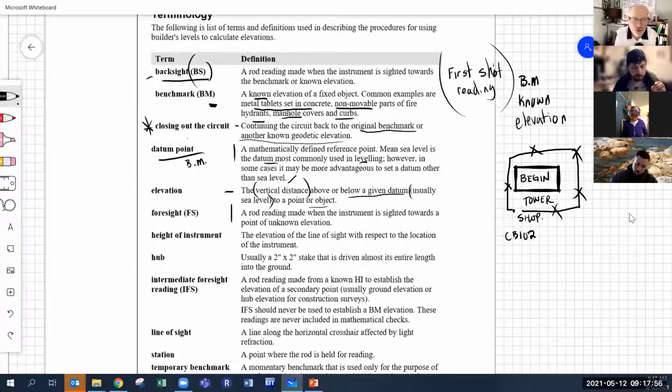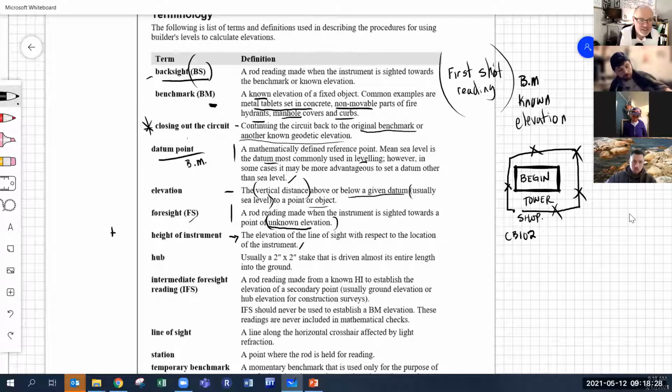Foresight. Foresight is a rod reading made when the instrument is sighted towards a point of unknown elevation. This is important. The unknown elevation is what we call a foresight, or FS. The height of the instrument. This is the elevation of the line of sight with respect to the location of the instrument.